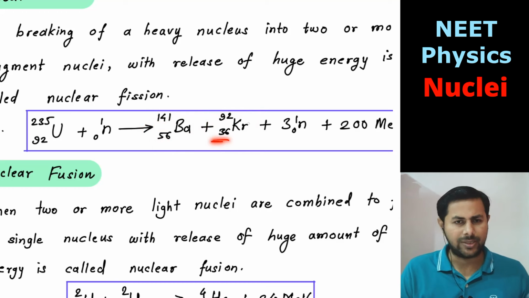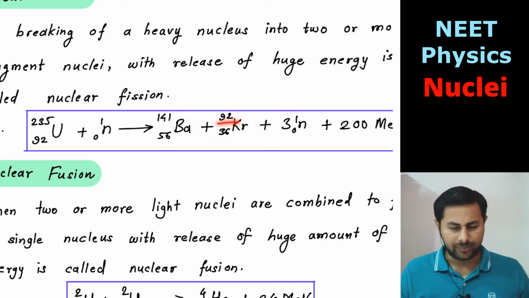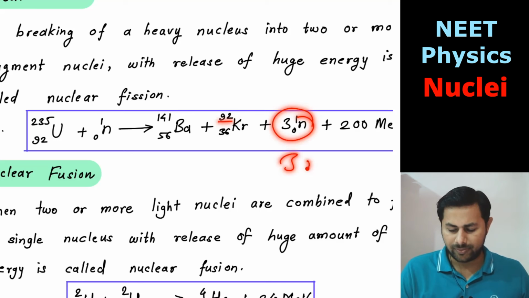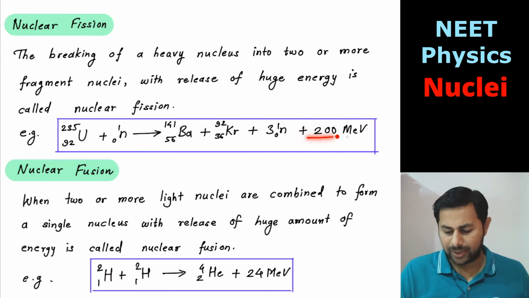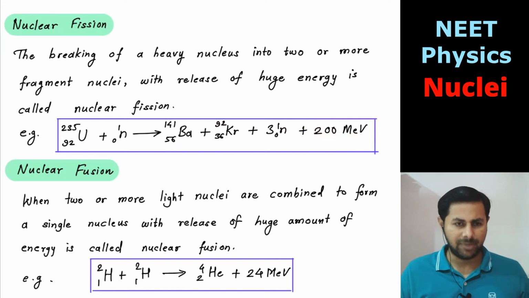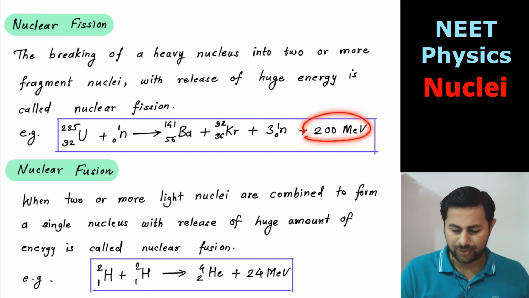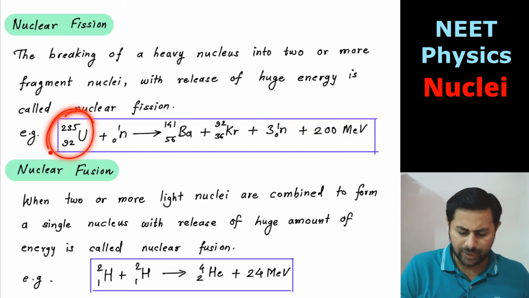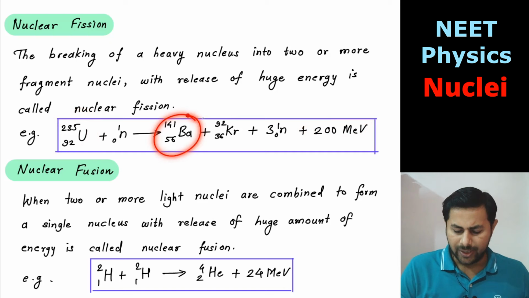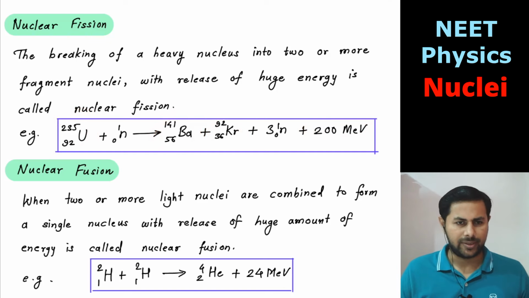Atomic number of this one is 36, mass number is 92. Plus you have three neutrons. And also energy of 200 mega electron volts is emitted. So this heavy nucleus is breaking into these two small nuclei.